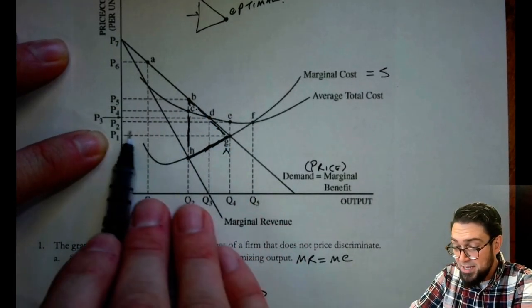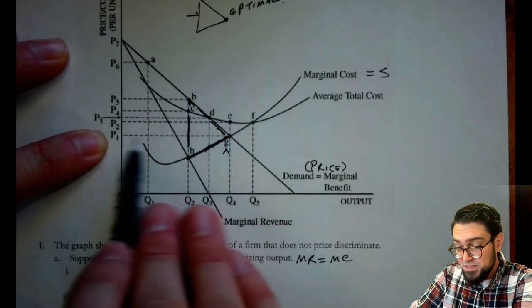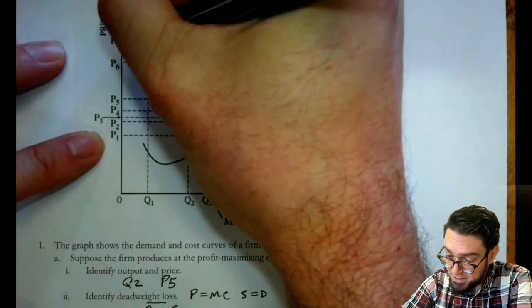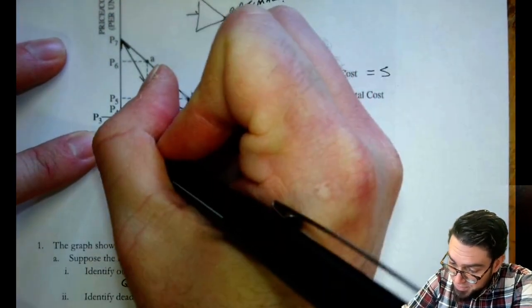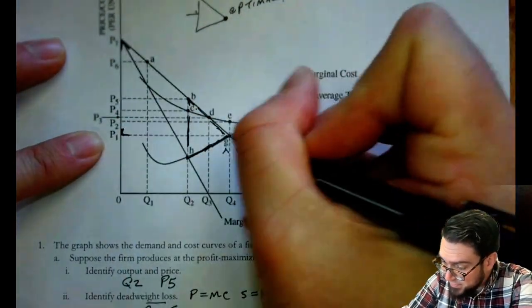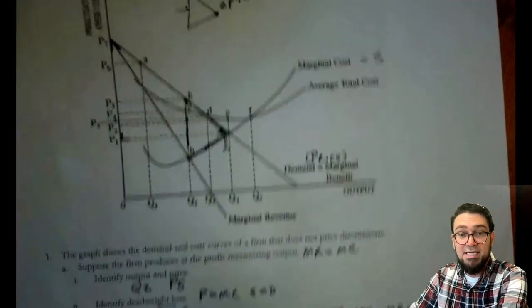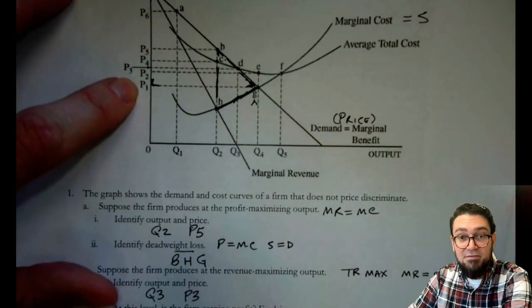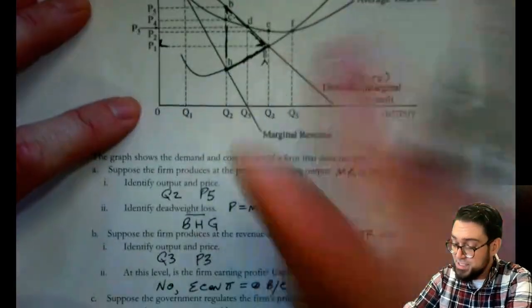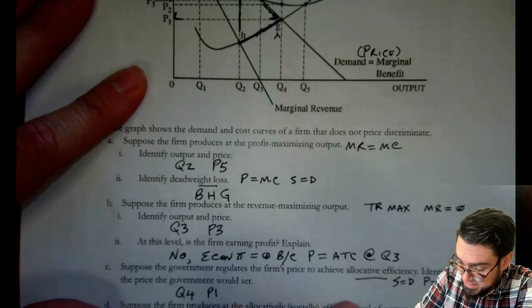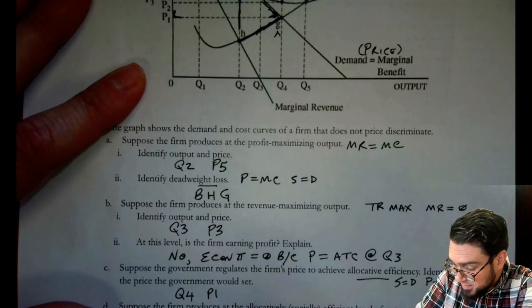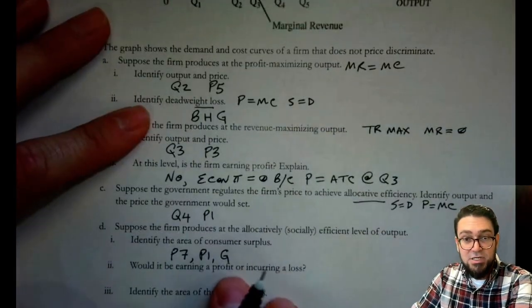So we have a huge amount of consumer surplus if this firm is regulated. It's going to go here all the way down to P sub 1, and then it's going to come all the way over here. So there is no more deadweight loss. So we would identify that as P7, P1, and G is the corner of that. P7, P1, and G. That's the area of our consumer surplus.